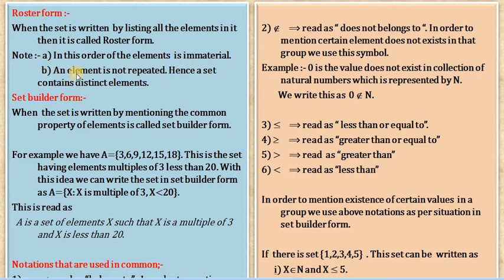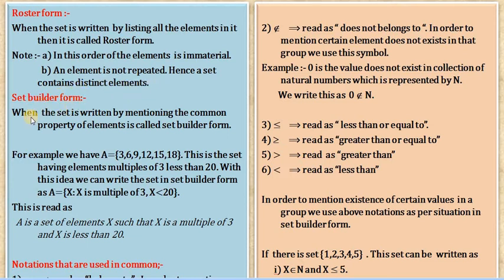Second one, an element is not repeated. Means each type of element should exist only once. It should not exist more than one time. Hence, a set contains distinct elements.